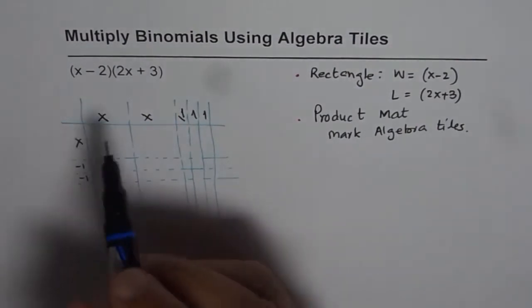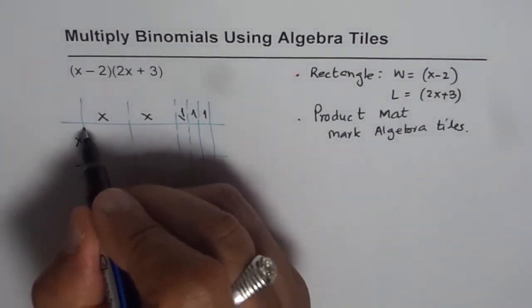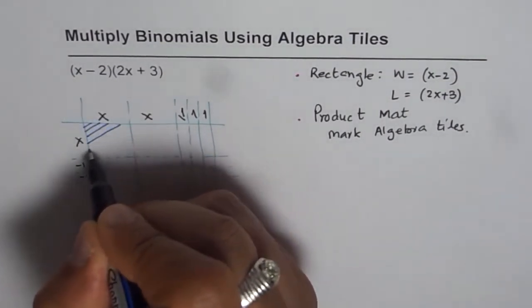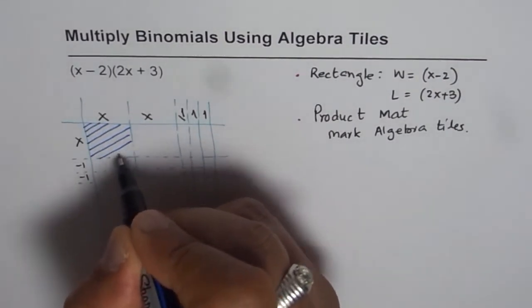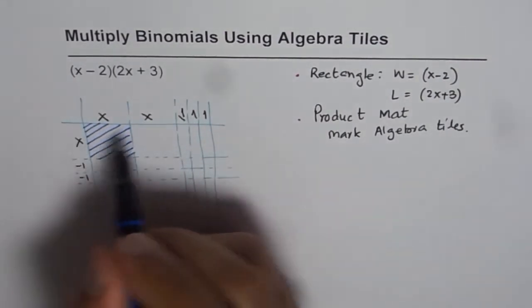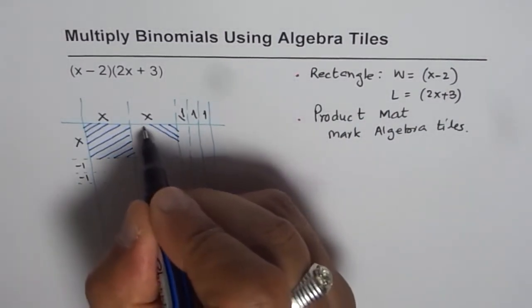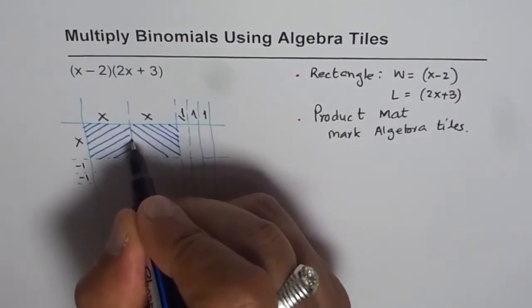Now when I have to place a tile here, it is x square tile, right? So x square tile is blue for us. So let me just shade blue. So that is our x square tile. x times x is x square tiles. Let me shade this one also blue, right? So we have 2 x square tiles.